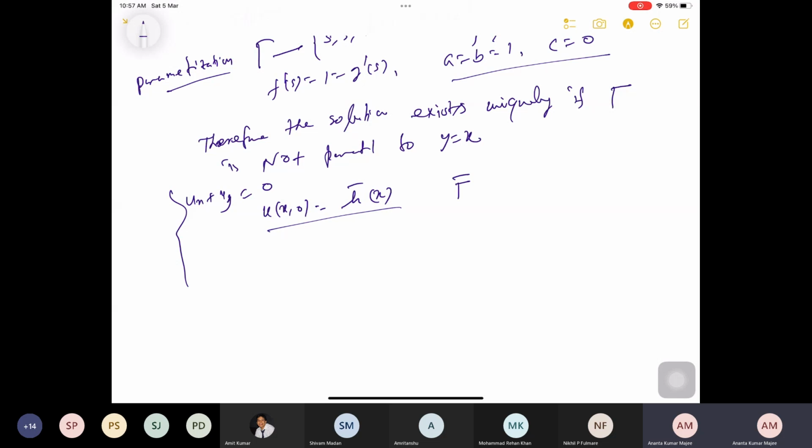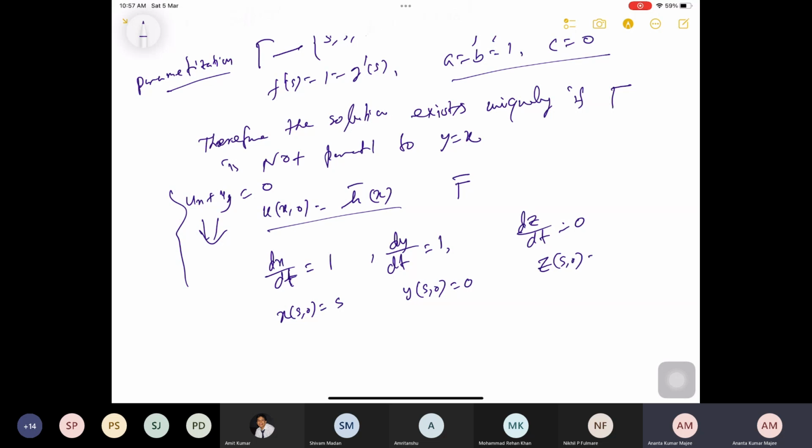If you consider the characteristic equation associated to this problem, then dx/dt should be 1, dy/dt should again be 1, with initial conditions x of s, 0 equal to s, and y of s, 0 equal to 0, and dz/dt is actually 0, and z of s, 0 is equal to h bar of s.